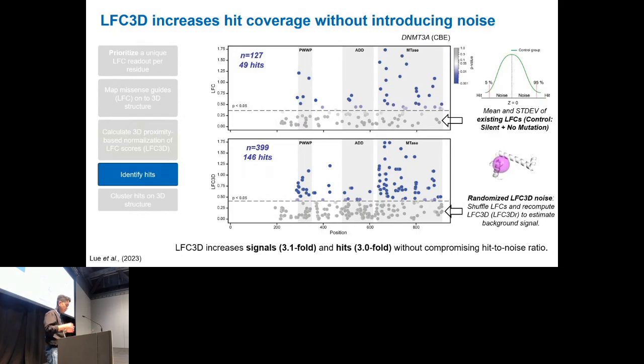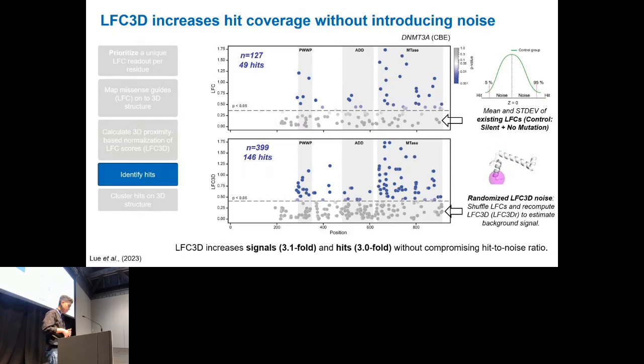We conventionally use z-score calculation, which tells how these LFCs from missense variants are significantly different from the distribution of controls. Controls means those with no missense, no mutations, or silent mutations. So we take the top 5 percentile significant LFC of the missense as hits.